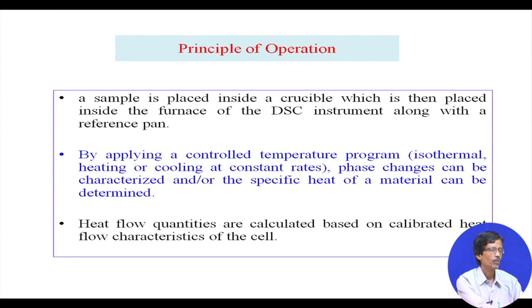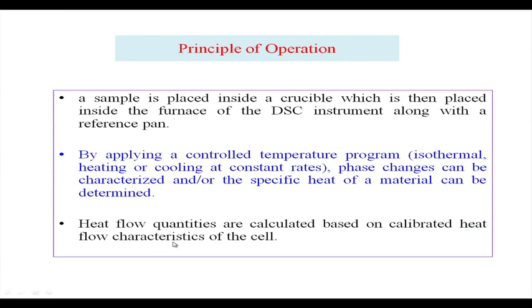Then when we give energy to the sample or the reference, we are looking for some heat flow. Heat flow quantities we calculate, or the calibrated heat flow characteristics of the cell. When we get the heat flow, we can calculate it based on the calibration of the cell for the furnace.